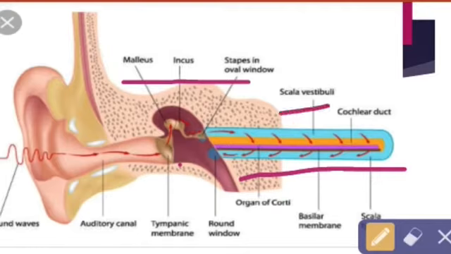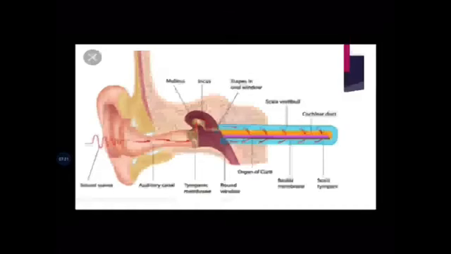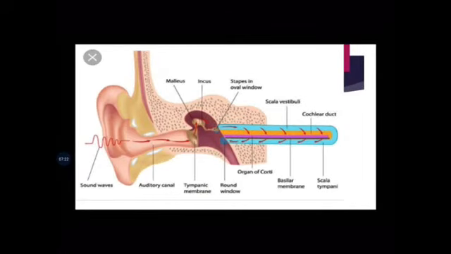The middle part is called the cochlear duct, and the lower part is where the organ of Corti, the place where hearing cells are present, lies. The median cochlear region is filled with endolymph, and the outer two regions, the scala vestibuli and scala tympani, are filled with perilymph.